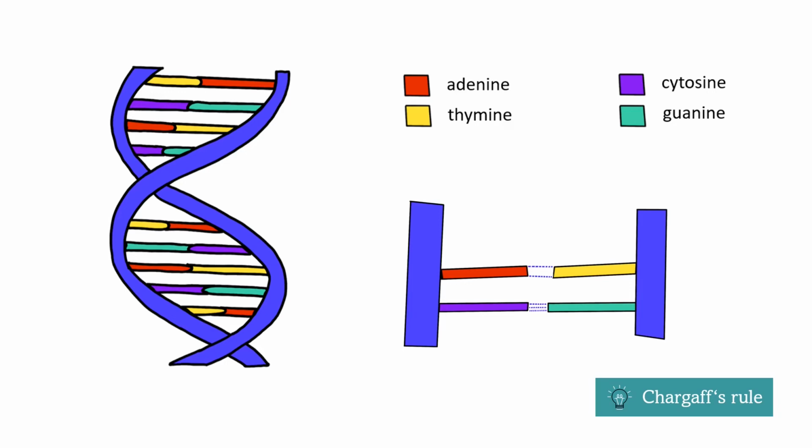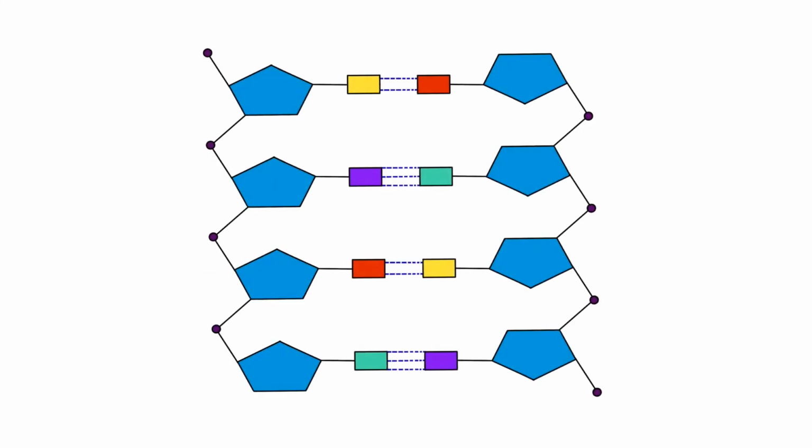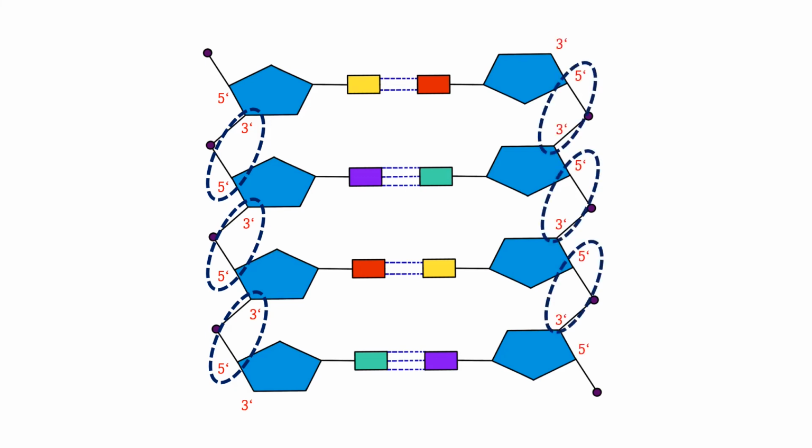These 2 polynucleotide chains are also said to be antiparallel. This means that the phosphodiester bonds that join the adjacent nucleotides go from a 3' carbon of one nucleotide to a 5' carbon of the adjacent nucleotide in one chain, and from a 5' carbon to 3' carbon in the other chain.